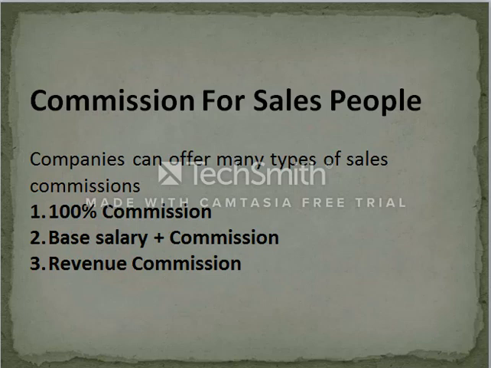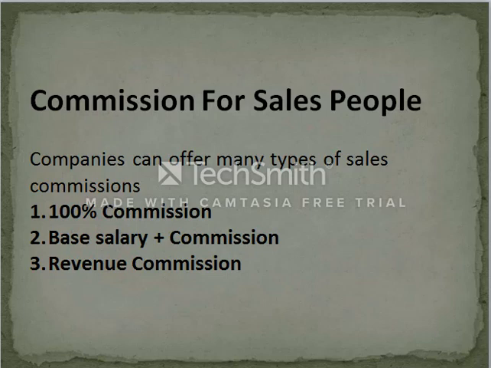Second was base salary plus commission. Under this, the employee will get the base salary plus the commission from the organization. The best example of this is the people working in the insurance industry and the banking industry, who earn base salary plus commission.